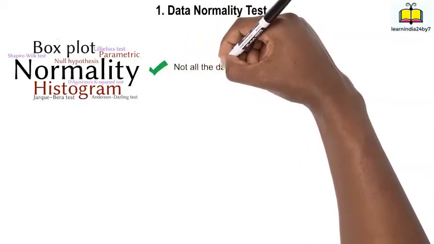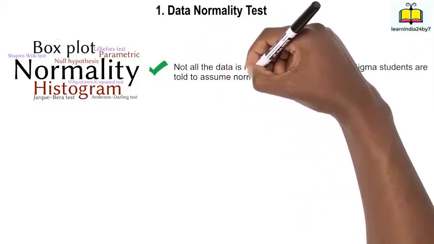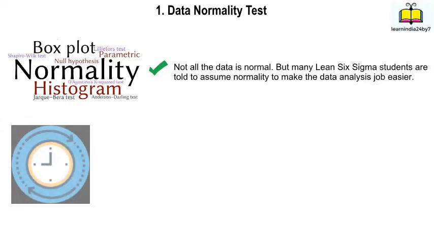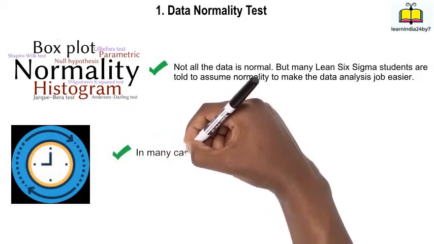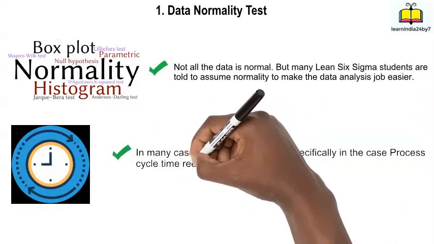Not all the data is normal, but many Lean Six Sigma students are being told to assume normality to make the data analysis job easier. In many cases, data is not normal, specifically in the case of process cycle time reduction projects.